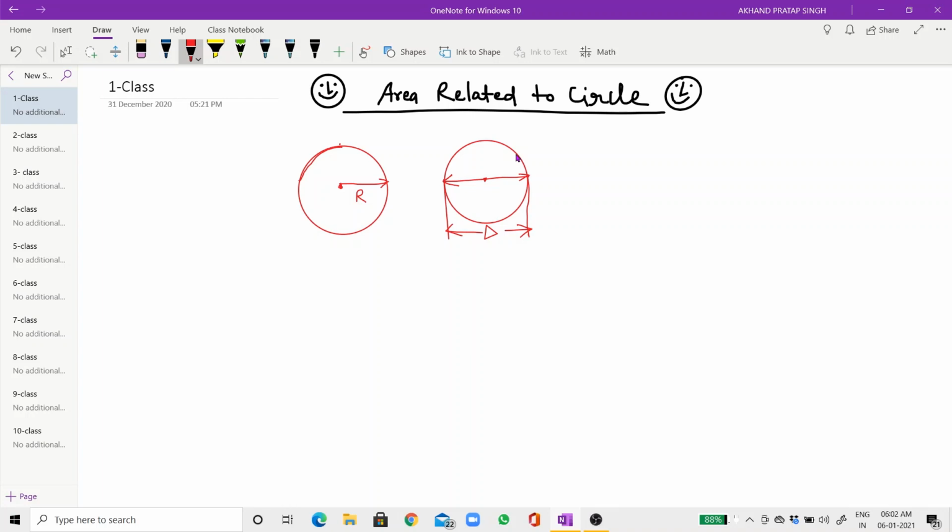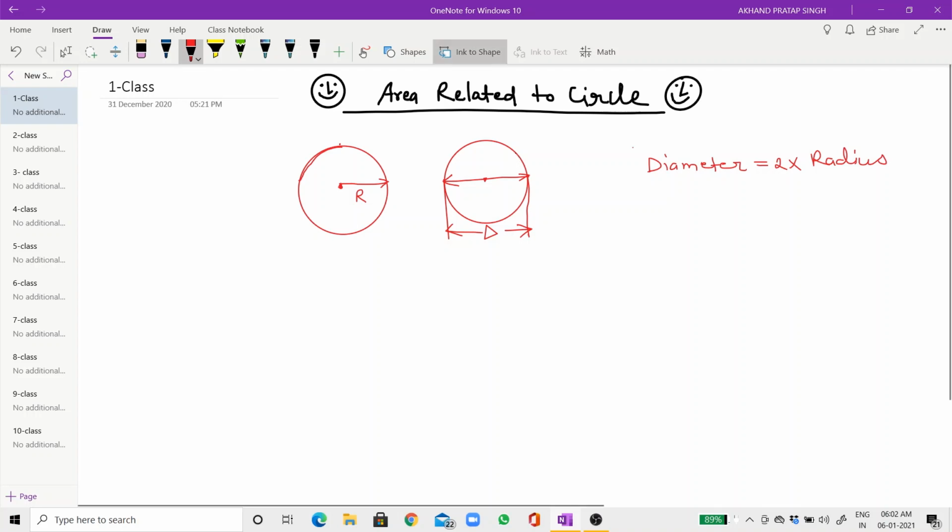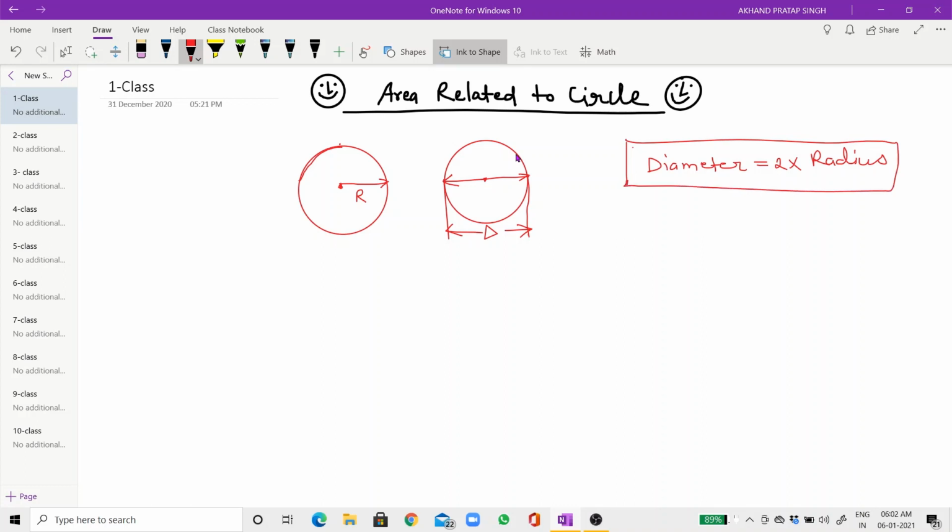So we can write here: diameter is equal to 2 times radius. So this is one concept in this chapter.